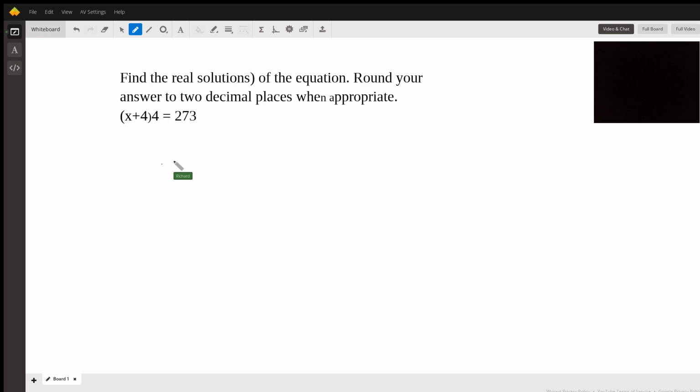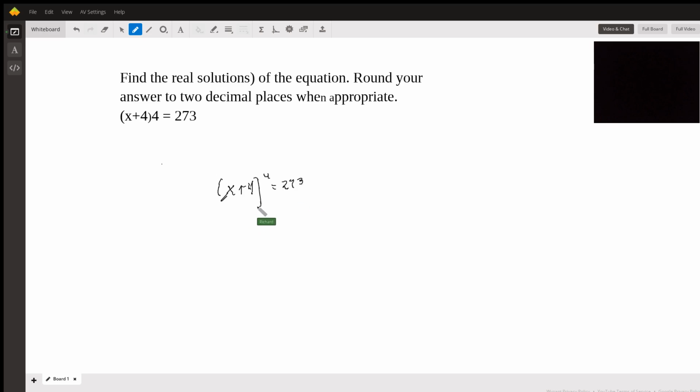So this is really x plus 4 to the fourth power is equal to 273. You can check powers of 4, like I checked 2 to the 4, 3 to the 4, 4 to the 4. There's no perfect fourth power that goes into 273.